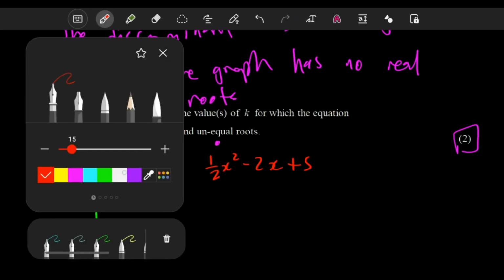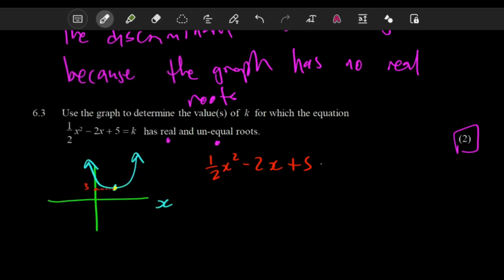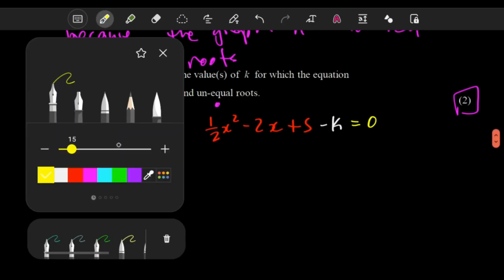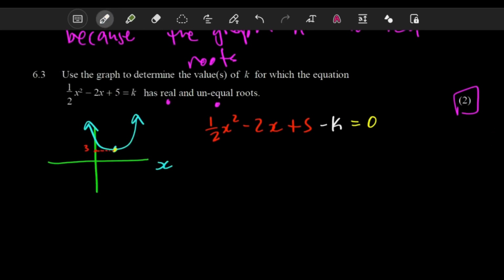Let's put the minus k in another color, minus k, and then this is equal to 0. So what you want to recognize is that the minus k there is moving the graph downwards. This here moves your graph down.